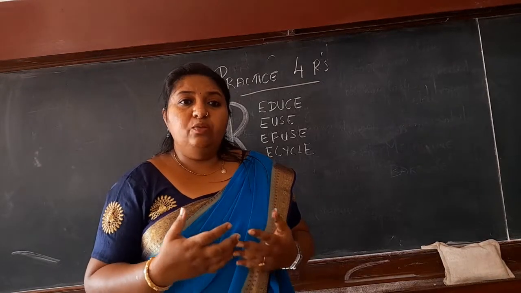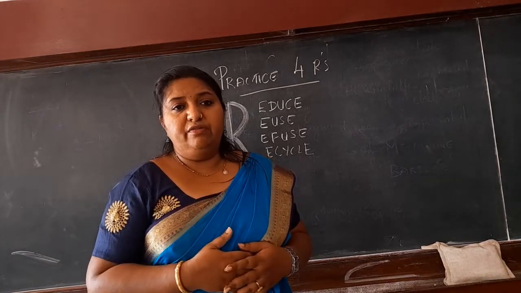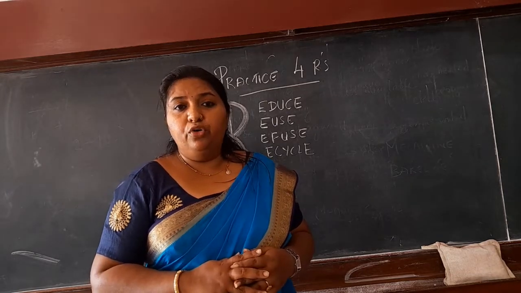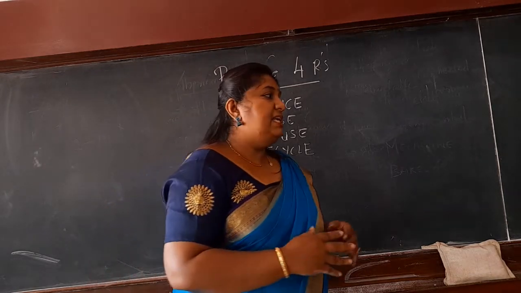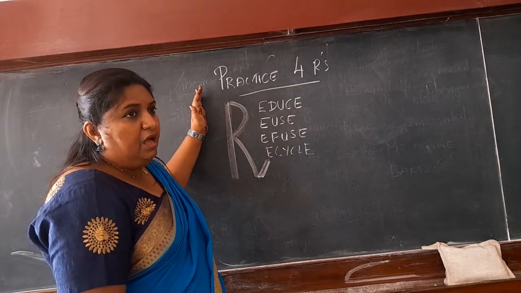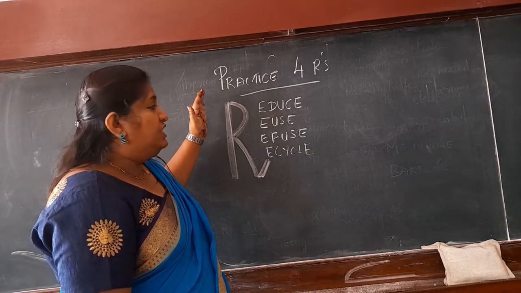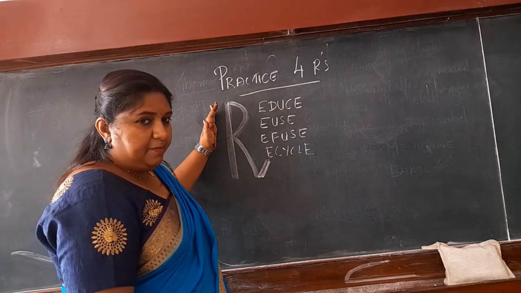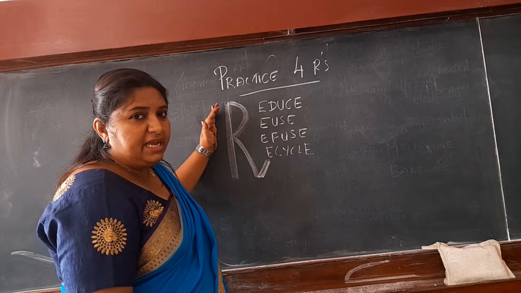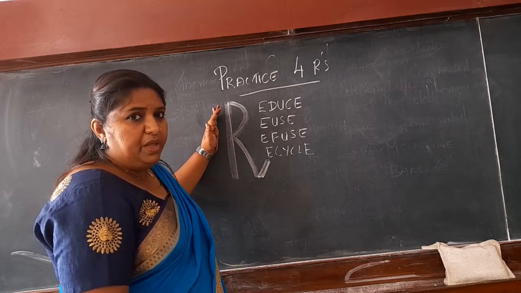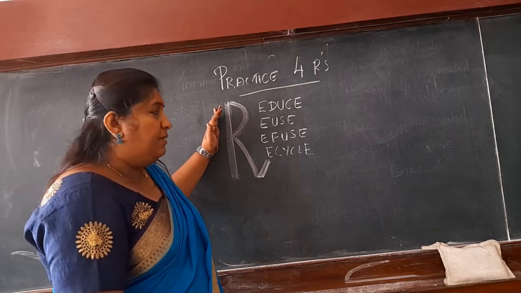So what can we do to reduce the use of plastics? The one thing we have to follow is to practice 4R. The first is reduce: minimize the use of plastic. When you go to a shop, carry the plastic bags you keep at home, and don't buy new plastic bags.